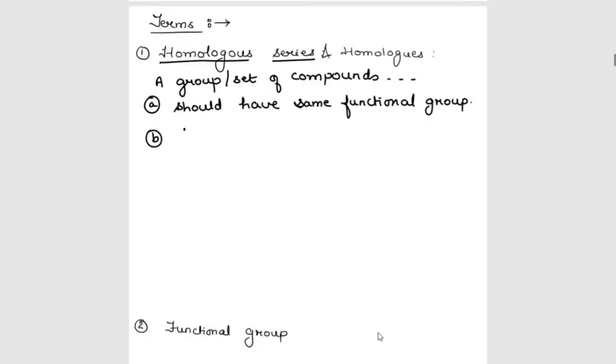As they have the same functional group, they also have the same empirical formula. But I would not say this is my primary condition. The same empirical formula could be of isomers also, but that does not make them homologues. So first thing, same functional group. Then I'll say, okay, they also have the same empirical formula.